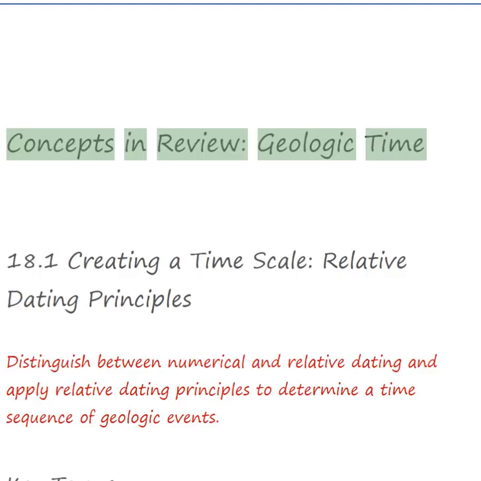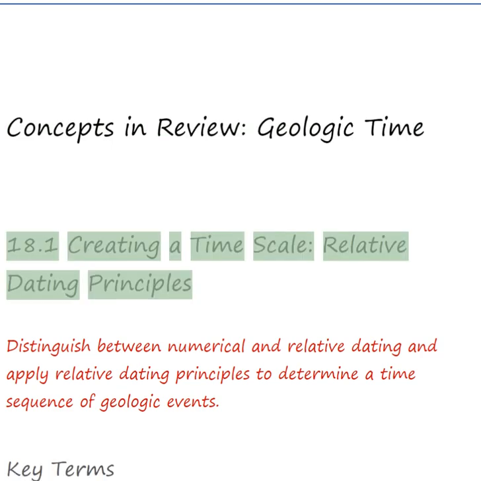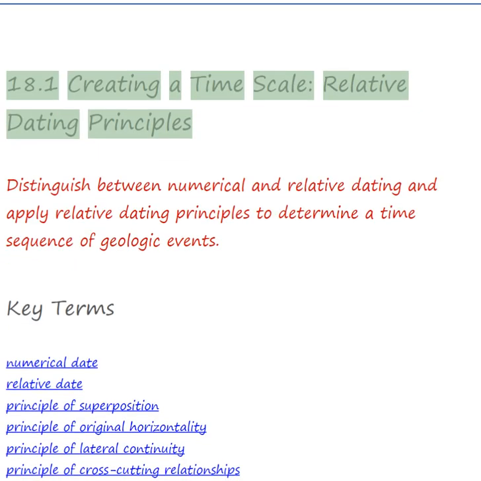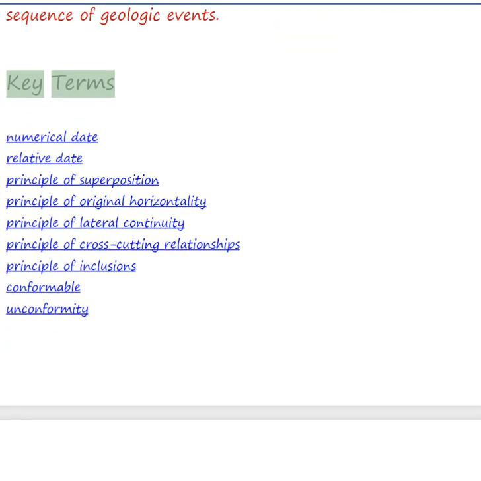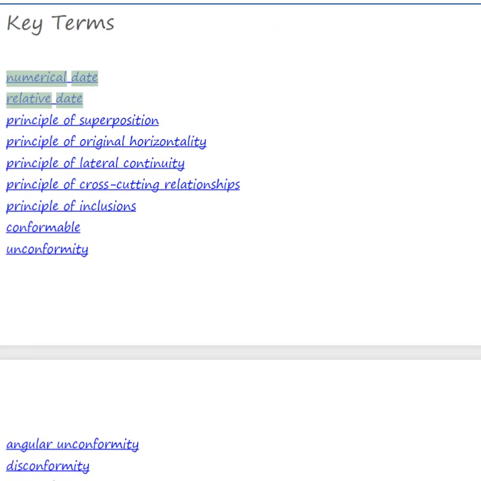Concepts in review, geologic time. 18.1 Creating a time scale, relative dating principles. Distinguish between numerical and relative dating and apply relative dating principles to determine a time sequence of geologic events. Key terms. Numerical date, relative date.